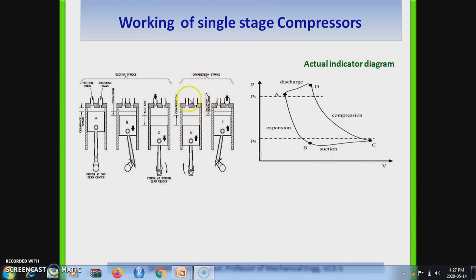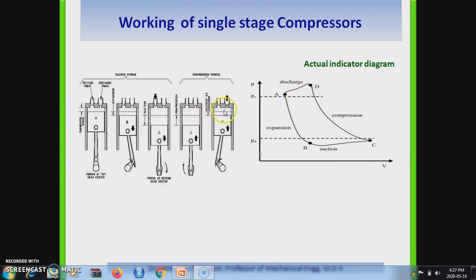Both valves are closed while the cylinder pressure rises above atmospheric pressure.